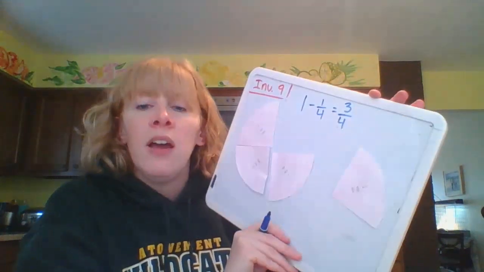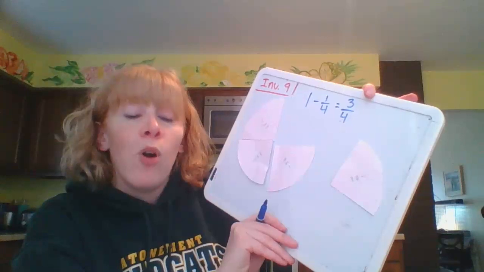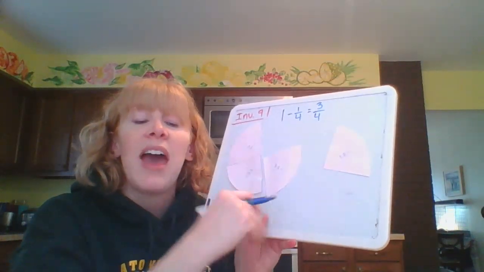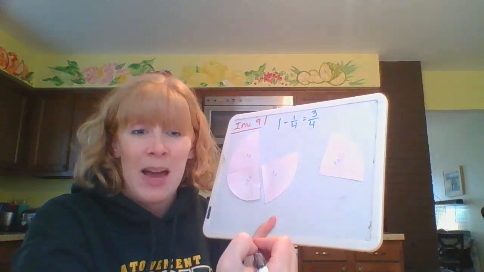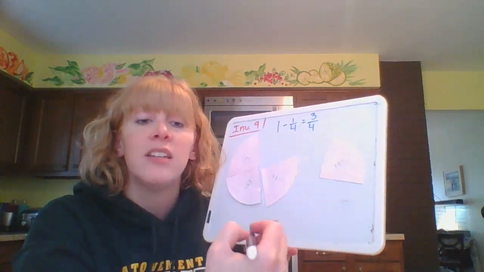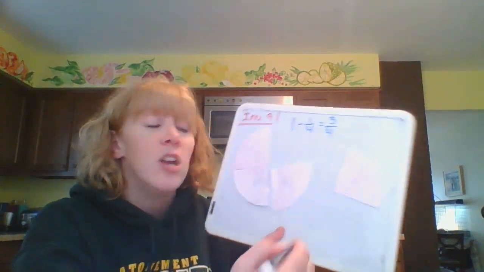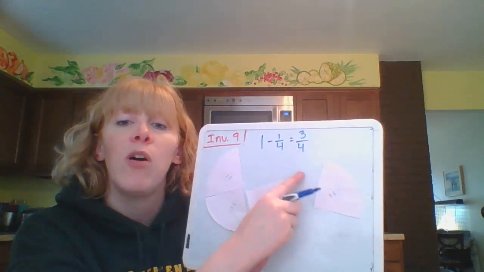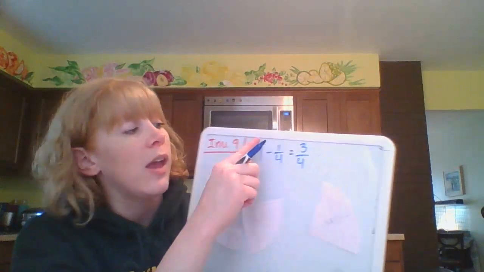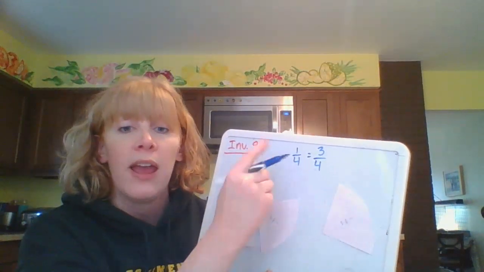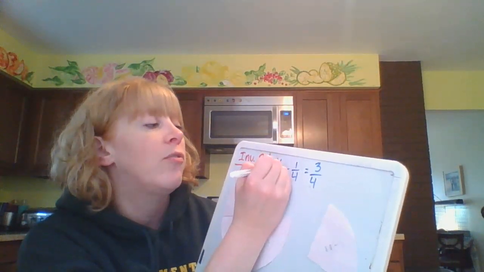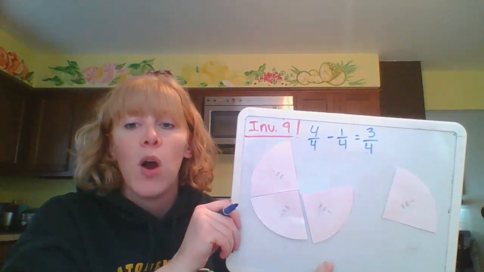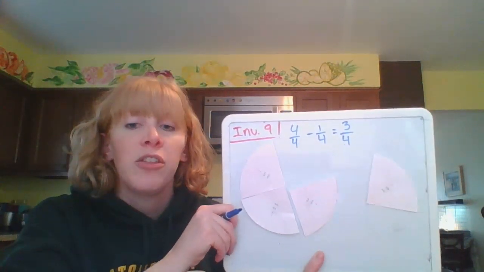The way we have done this before now is we said anytime that a numerator and a denominator match, that's an equivalent fraction to 1. So we wouldn't have written down 1 minus 1/4 equals 3/4. What we would have had written down before now is 4/4 minus 1/4 equals 3/4.